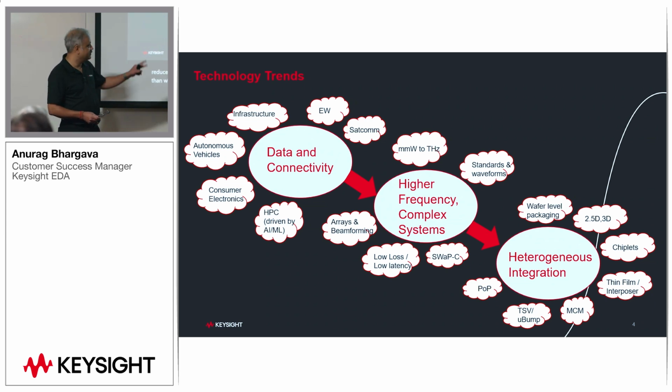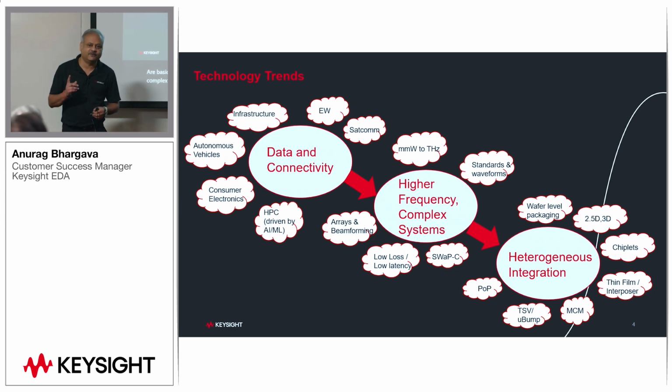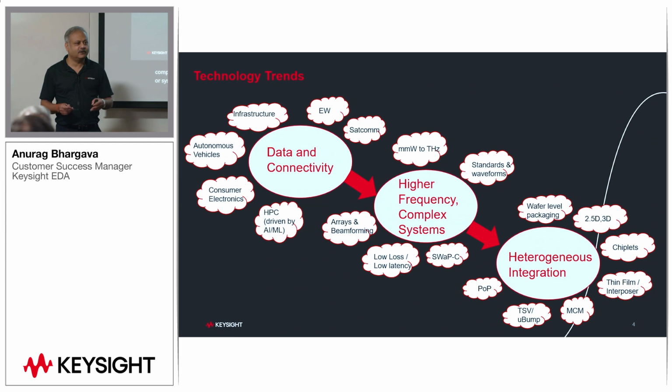And if you look at where we are headed, a lot of different applications are driving the need to go to higher frequencies, which in turn means more complex systems. Because in the previous days you had one function out of one particular IC or system. Now it's all multifunctional with many bands included in a very small form factor.